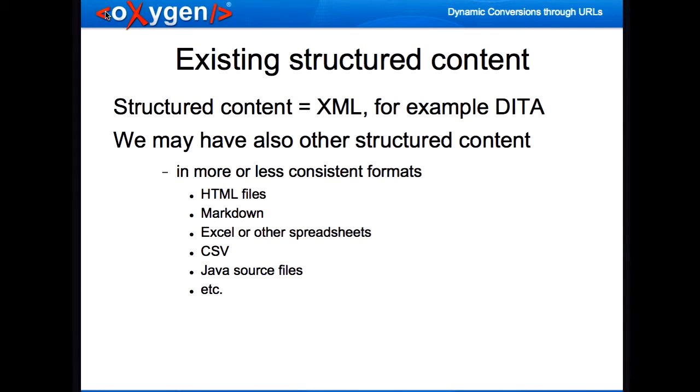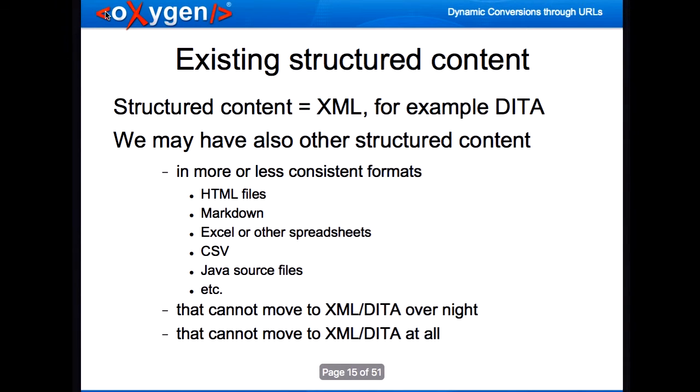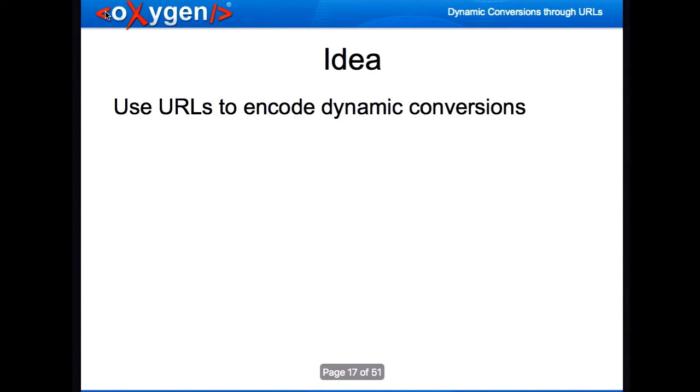It's not a big problem to process a Java file, right? It's a very clearly defined format. And this cannot move to XML or DITA or DocBook overnight, and sometimes, as I said, you cannot move them at all to XML. So the idea was to use URLs to encode the conversion.